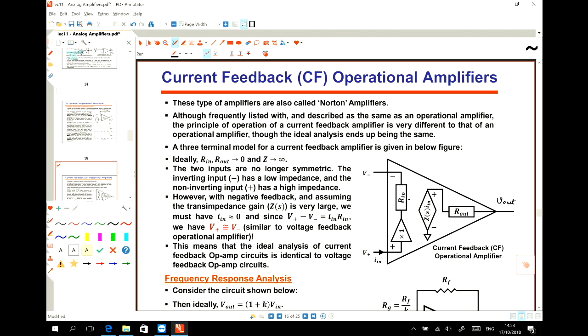Each current feedback amplifier is defined by its R in, its R out, and its transfer function, the gain, which is Z_S. This is a kind of impedance that is dependent on the frequency. Z_S multiplied by the input current, and then V out comes out of that.